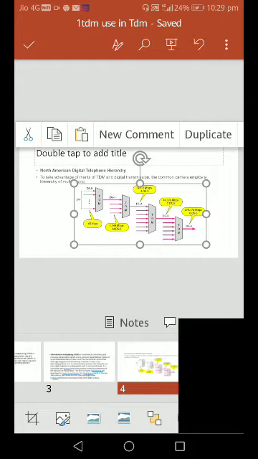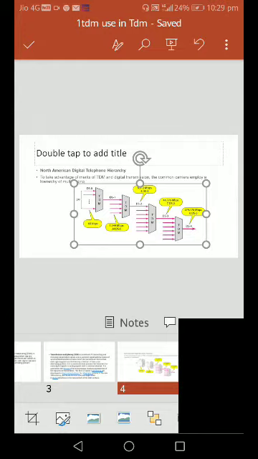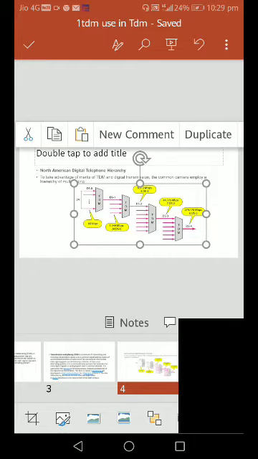This 1.544 megabits per second, 24 DS0, output is connected to the second mux. That mux has 4 inputs multiplexed with the output of the first mux.